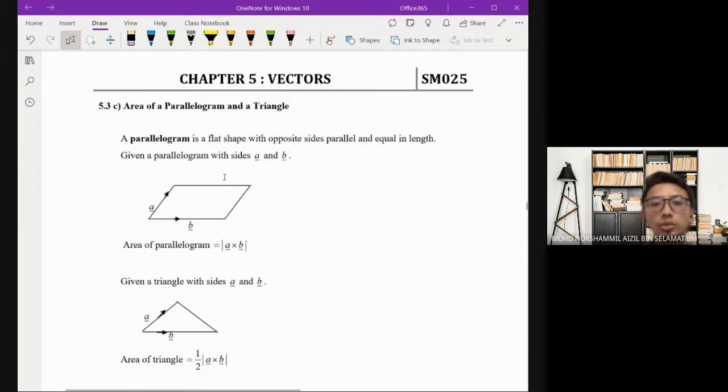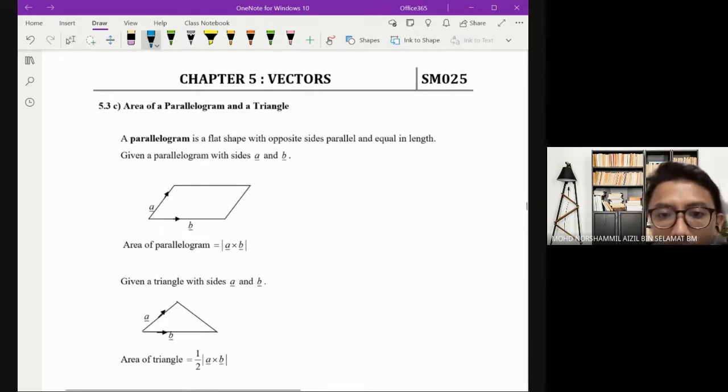Alright guys, let's move on to calculate the area of a parallelogram and a triangle using vectors. In this case, vectors can be used to calculate area. For your syllabus, we only calculate area involving a parallelogram, or a triangle.